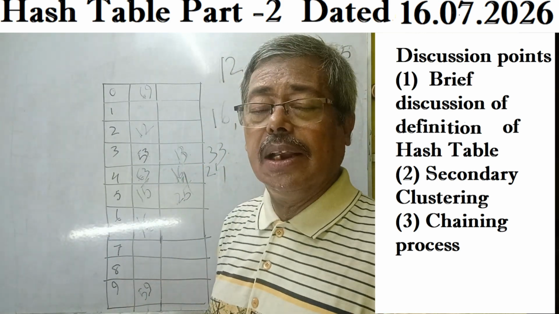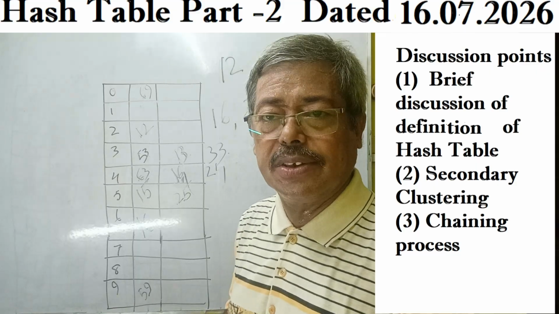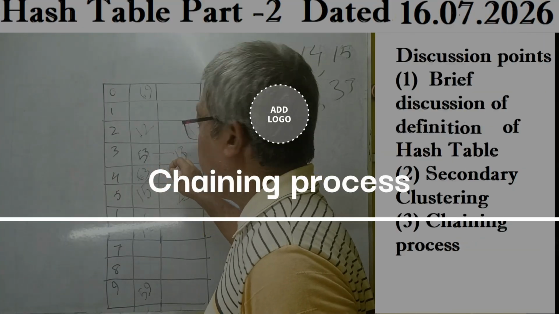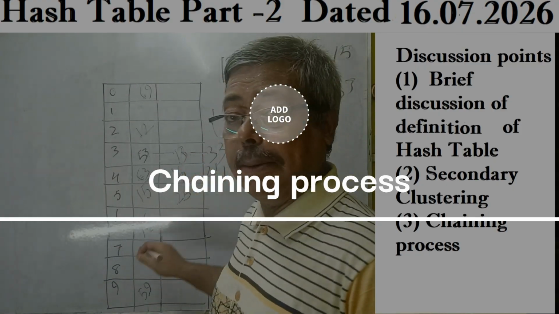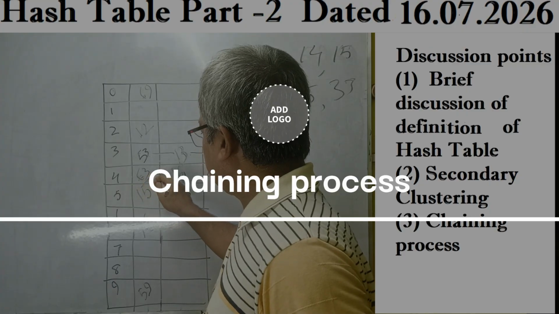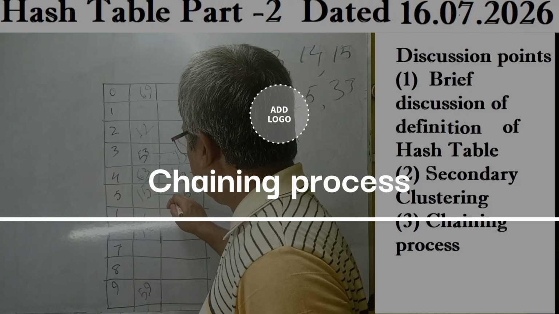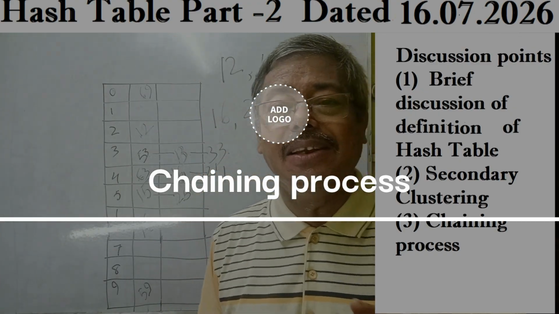Then linear probing is not applicable here. In the chaining process, 53 will be linked with 13 by a pointer, 13 will be linked to 33 by a pointer, and similarly 63 with 14 and 14 with 24, 15 with 25, to access data by linked list.